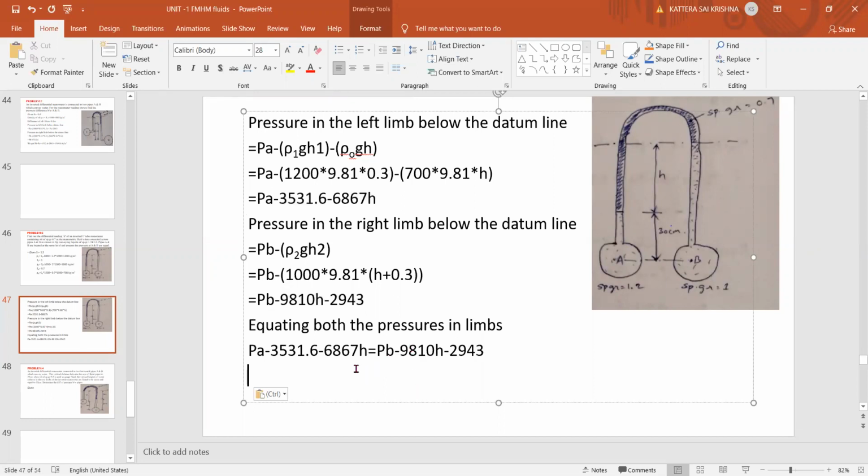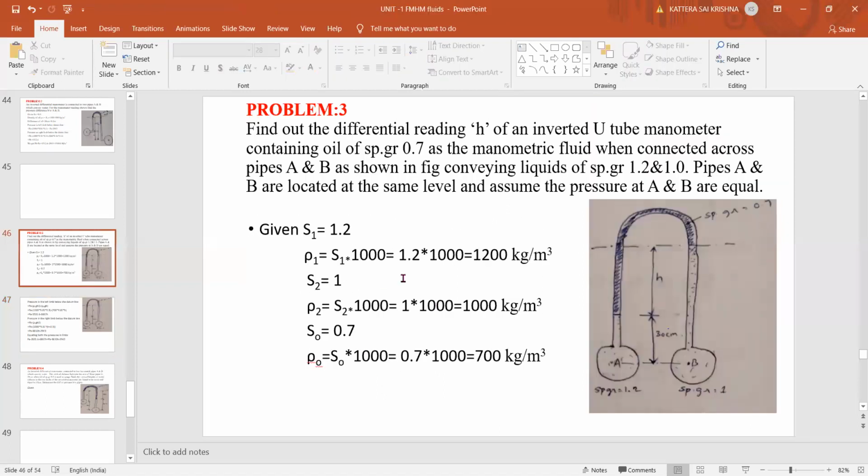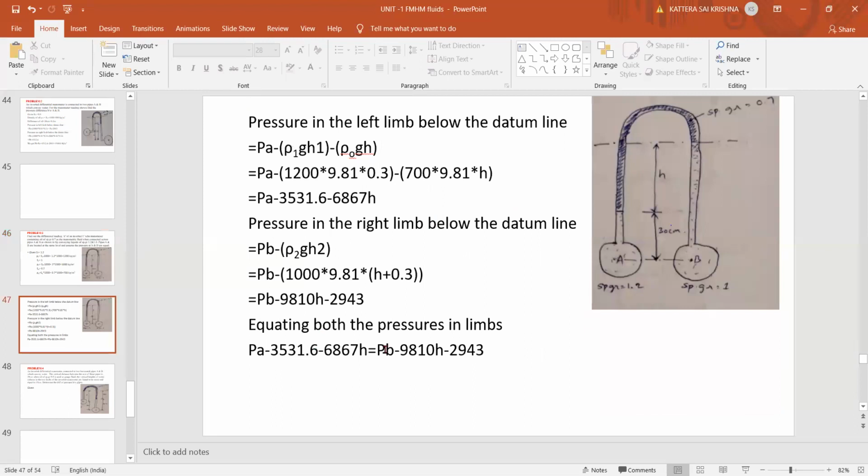And before doing this, what is the one more term he said here? Locating at the same level, assume the pressure at A and pressure at B are equal. So we can cancel PA and PB, since we are equating both and these two are equal. So we can remove the terms and now find the H value.